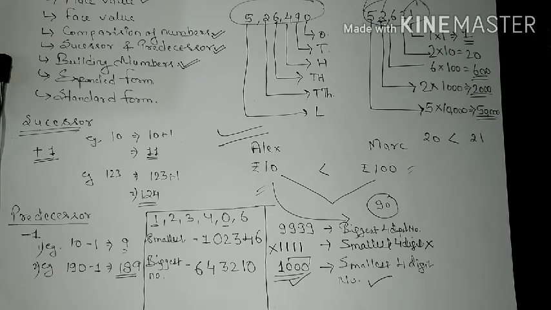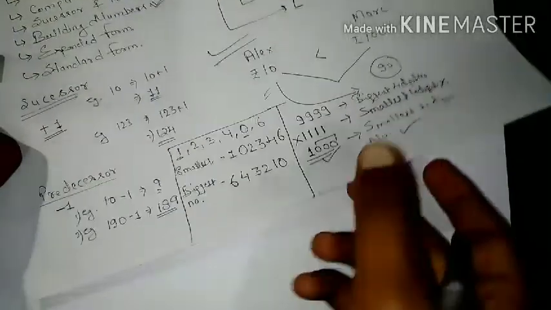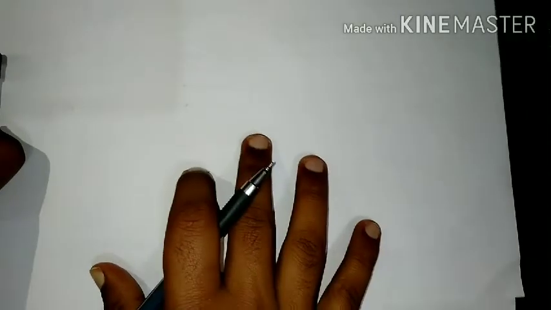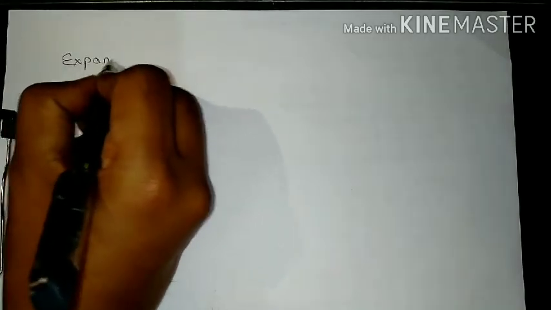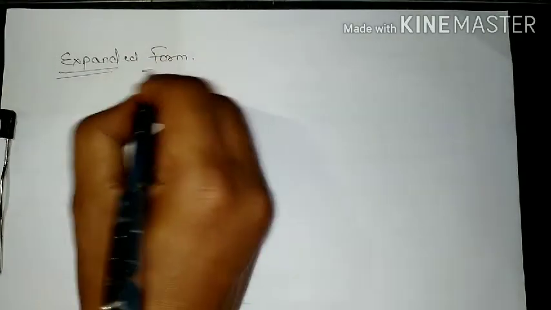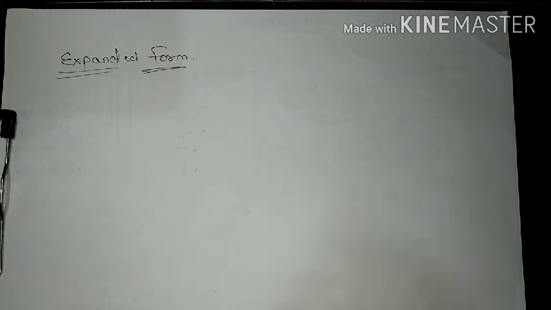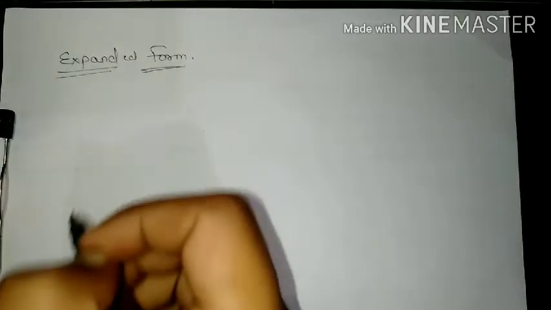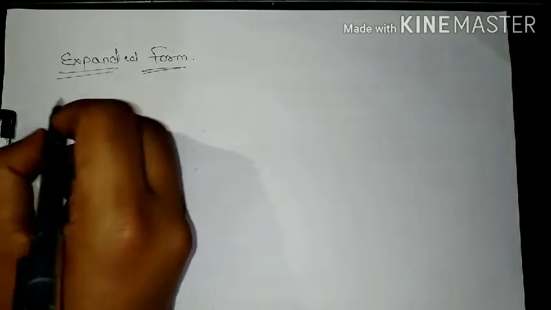Now proceeding forward, the next thing that we will understand is how to write a number in expanded form. So dear students, if you have been asked to write a particular number in expanded form, how will you write it?